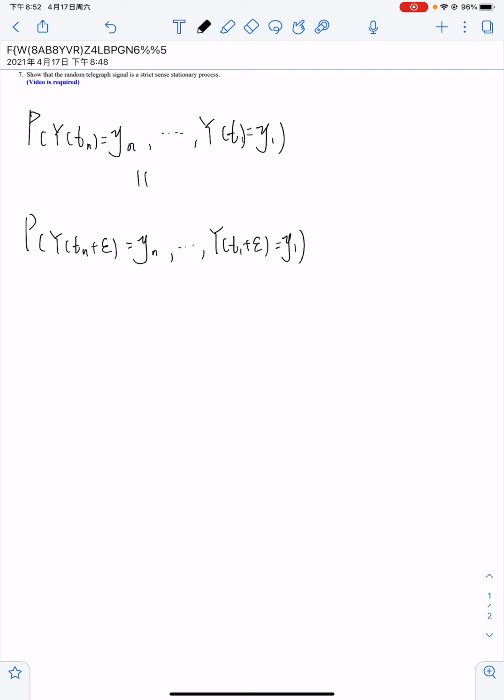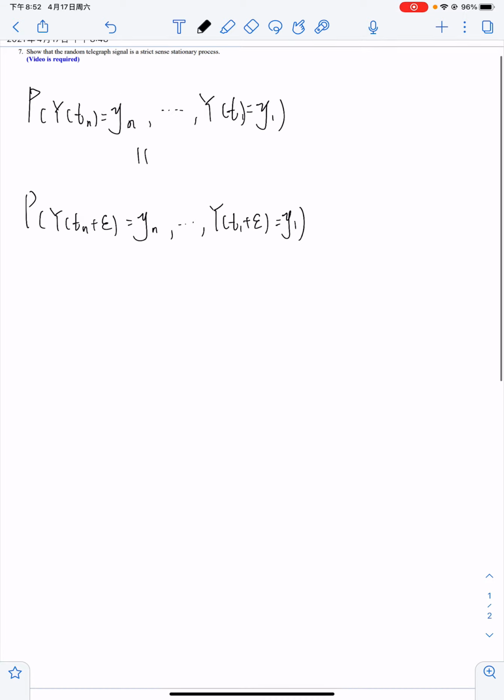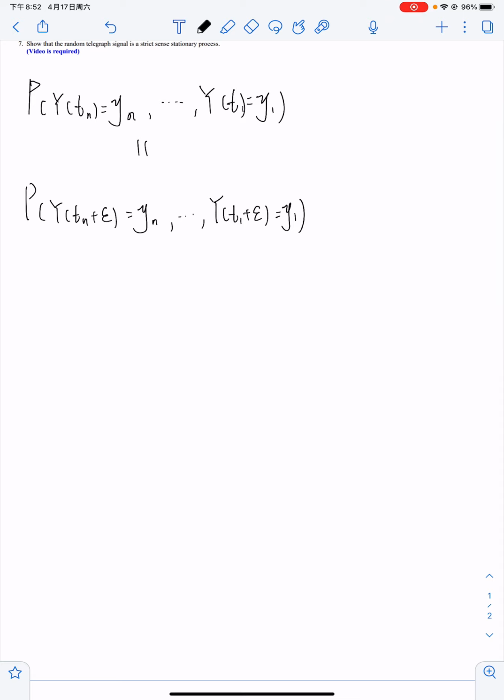So if we want to prove it, we should prove it's only associated with the difference of the two times.